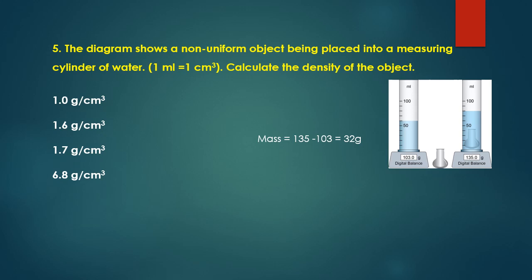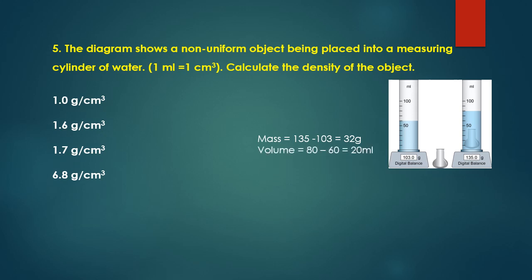Then the second thing we need to know is volume. In the first reading, you can see the water stands at 60 milliliters. How do I know it is 60 milliliters? Because between 50 and 100, I can see 5 divisions. So 5 divisions is 50, which tells me that 1 division is 10. It is 1 division above 50, so that makes it 60. In the second one, it is 3 divisions above 50, which makes it 80.